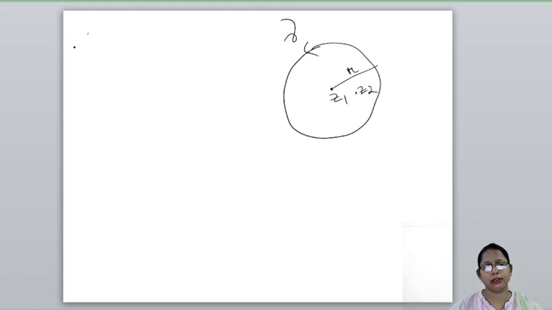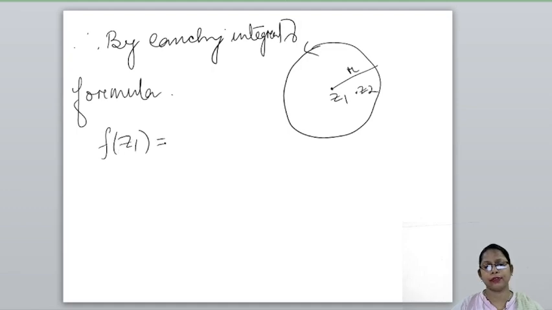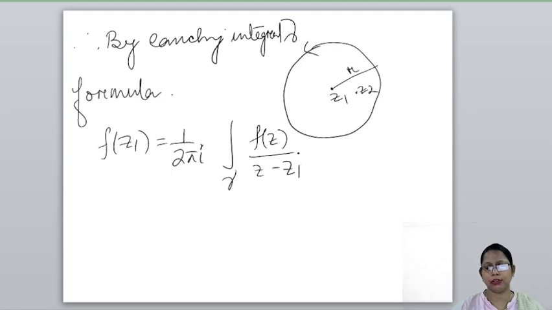So by the Cauchy integral formula, f(z1) is given by 1/(2πi) times the integral over gamma of f(z) dz/(z - z1).